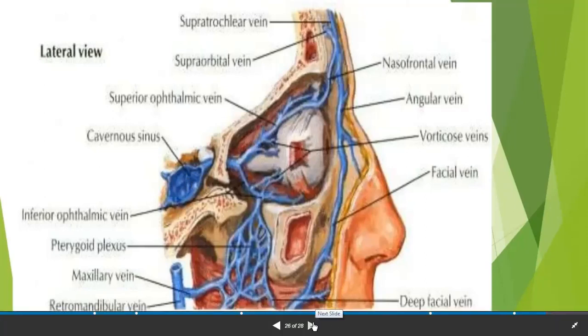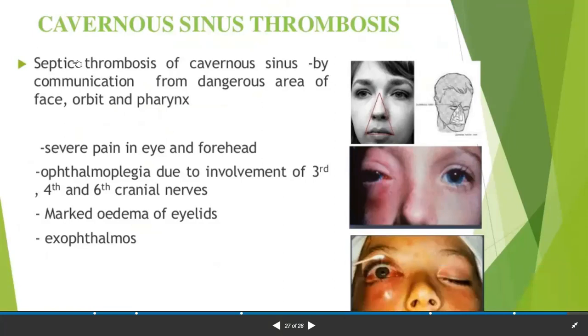Thrombosis is the formation of a blood clot. So septic is infection. Septic thrombosis of the cavernous sinus is via communication from the dangerous area of the face, or via the orbits, or also via the pharynx. The patient will come to us with severe pain in the eye and also in the forehead.